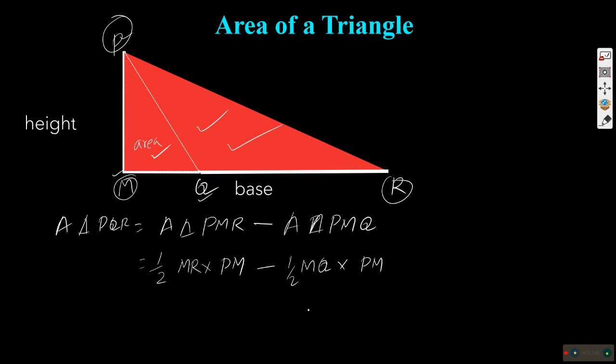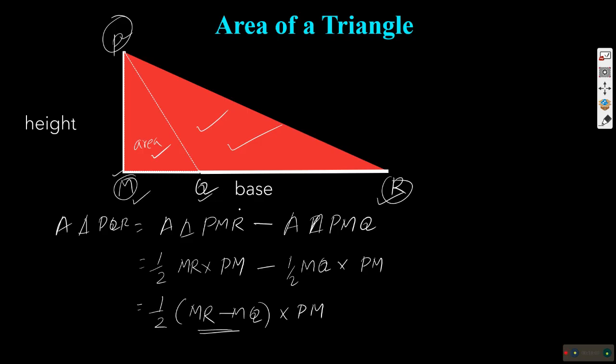Correct? Again we can rearrange it as half into the length of MR minus MQ, into PM. PM is common. Look at this particular statement.